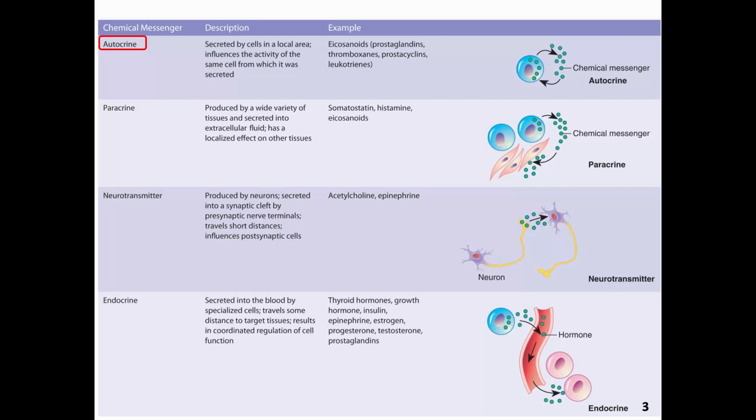And the autocrine type of messenger refers to compounds produced and secreted by cells that will have an effect on the actual cell that secreted those. And so some of the examples here include the response to inflammation and the secretions of white blood cells.